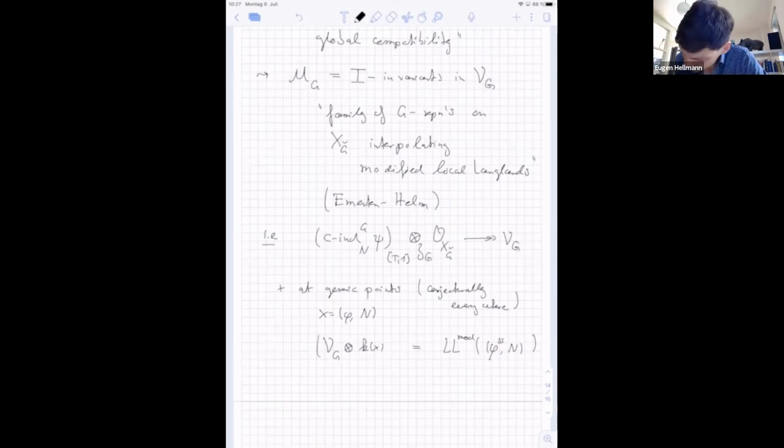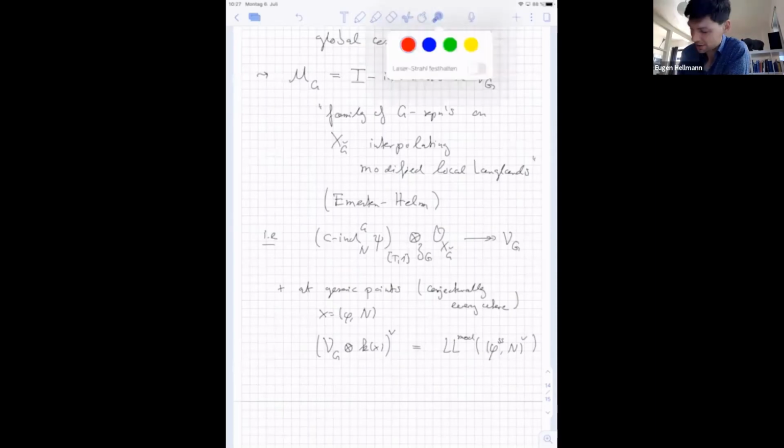And then there is some nasty issue with duals, namely you rather want this to be the contragradient, and you also have to dualize here. Okay, so this looks maybe a little bit strange, but from the point of view of representation theory, once you ask this condition, you have no choice to get around these duals.